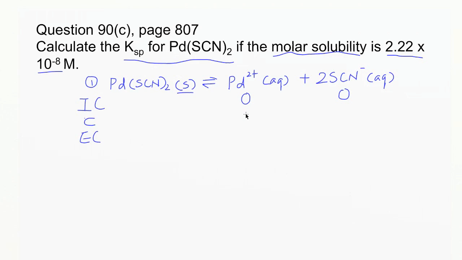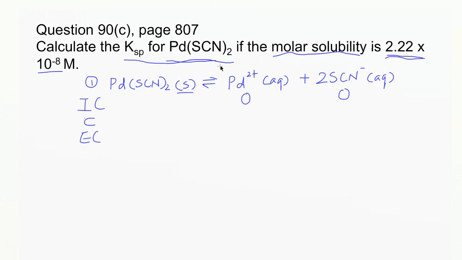And the change. Now, think about what the change is. The question tells you the molar solubility of this salt is 2.22 times 10 to the negative 8 mole per liter. That means 2.22 times 10 to the negative 8 mole per liter of the lead thiocyanate will dissociate.